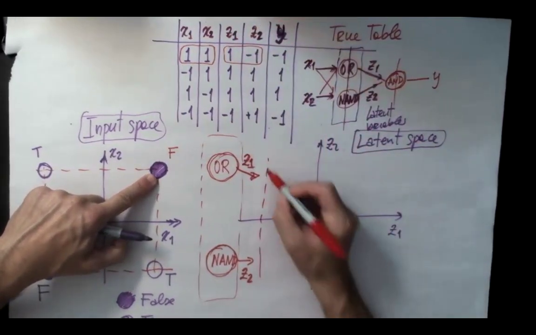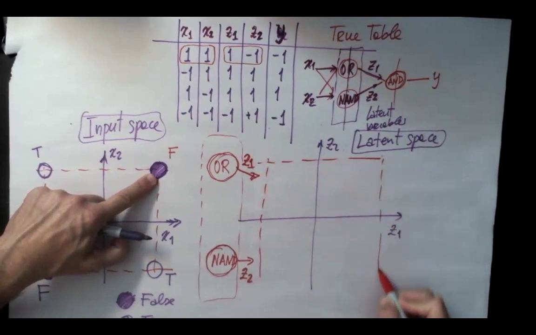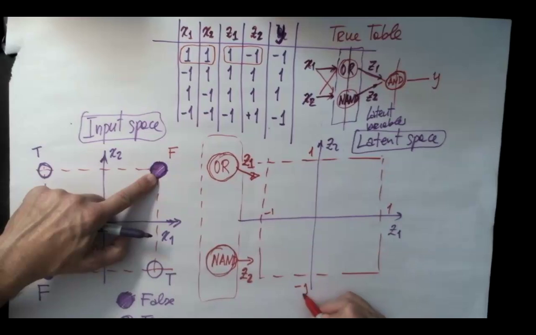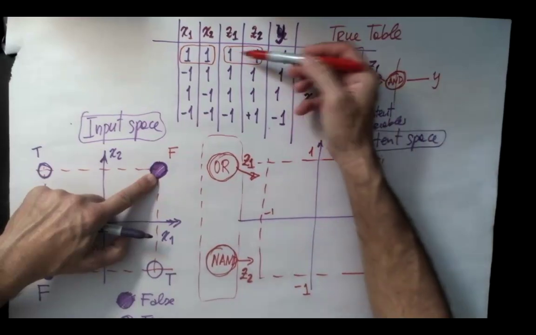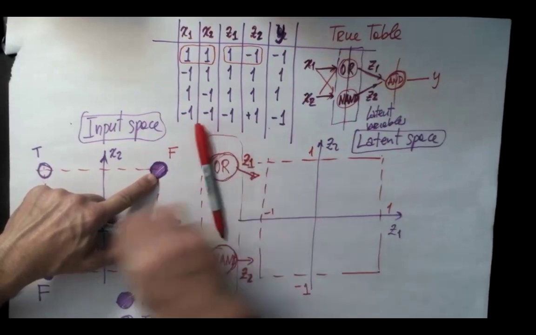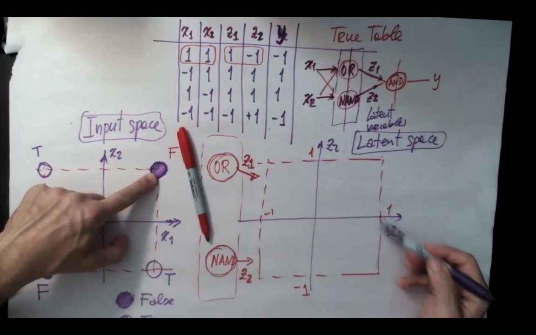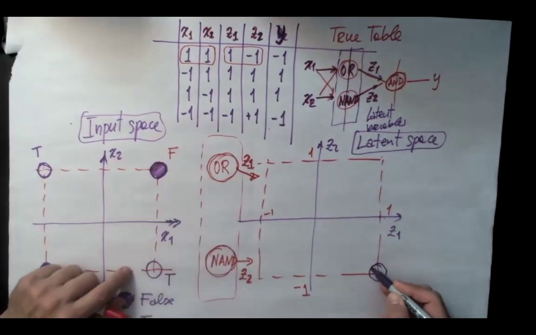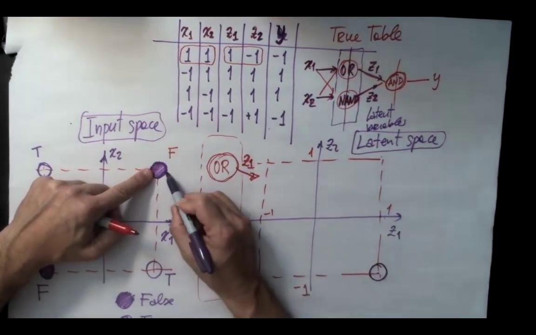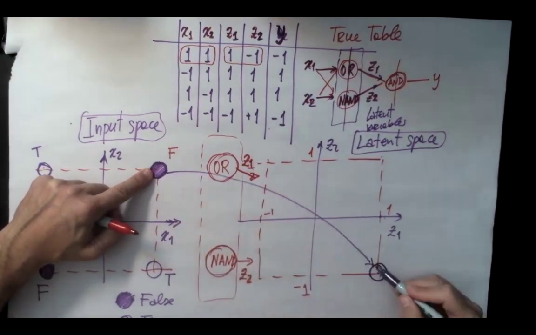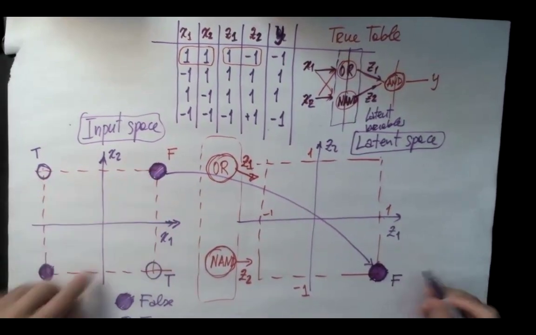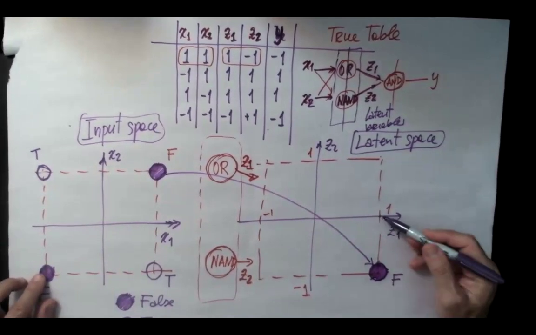So this point is mapped down here. 1 and -1.